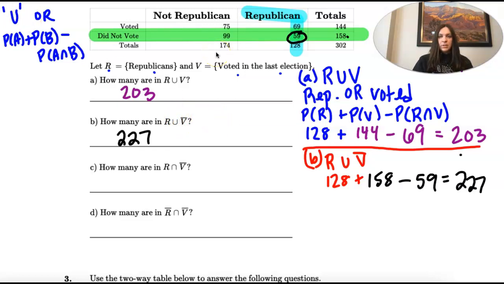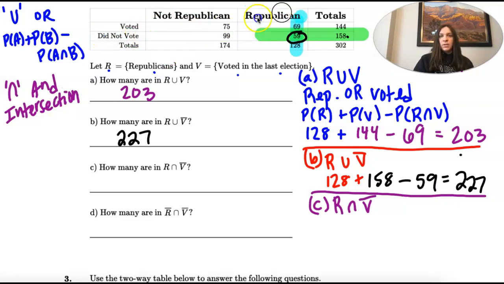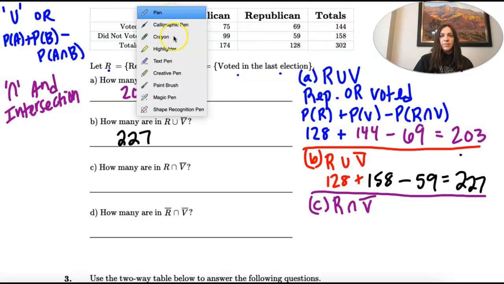So part C, we're looking at R, and now look what happened to our notation. It switched the other way. So that means R and not V. So and is the intersection, and for this one it's way easier. We're just finding the intersection. Okay, so let's highlight the two that we're looking at.